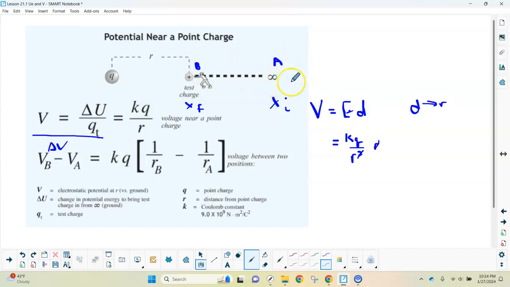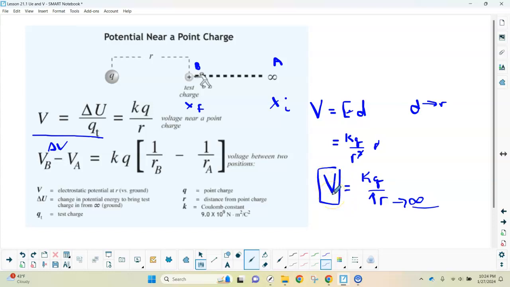If we have an infinite distance away, so if we think of V is KQ over R, and R approaches infinity, what's going to happen to V? How does this getting bigger and bigger to an infinitely large number affect V?